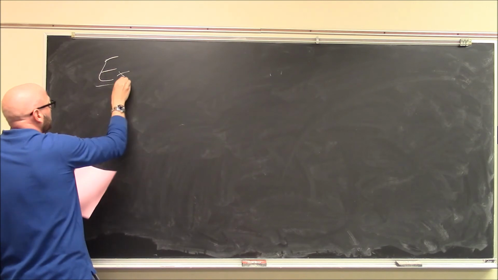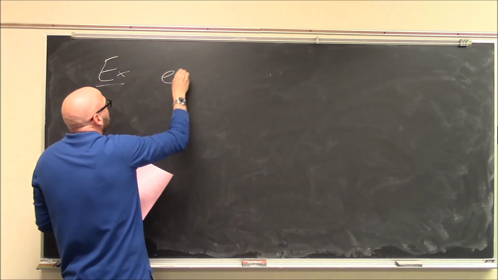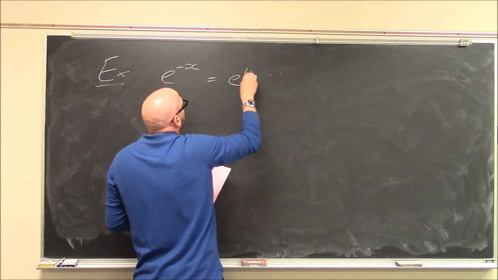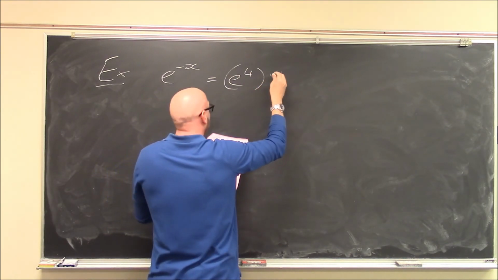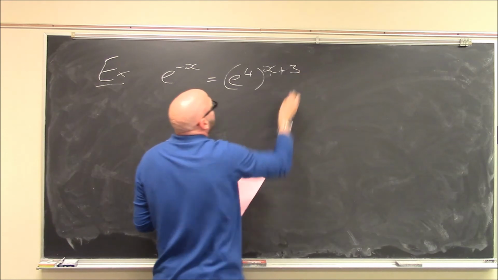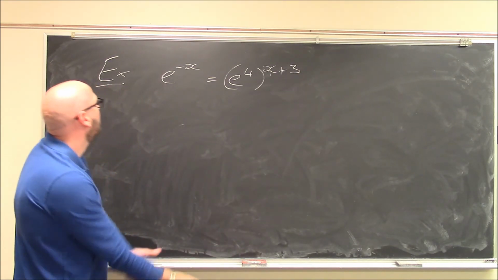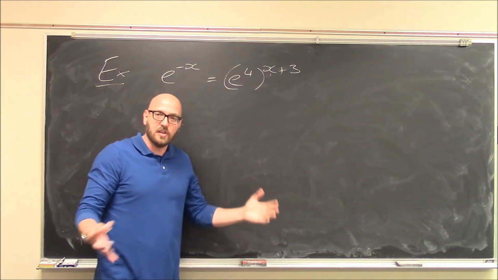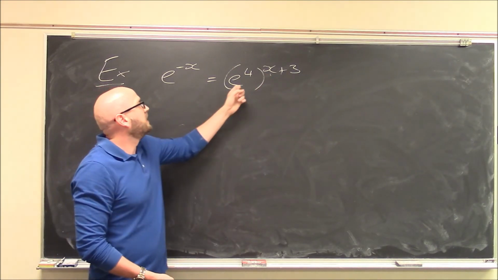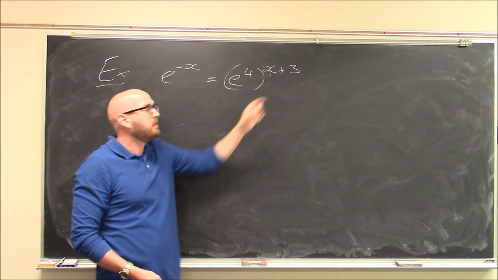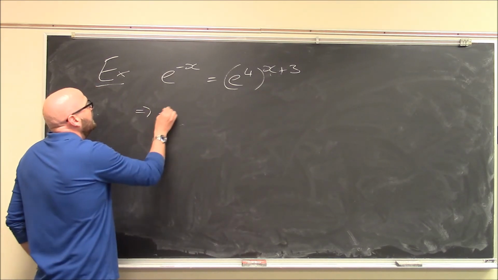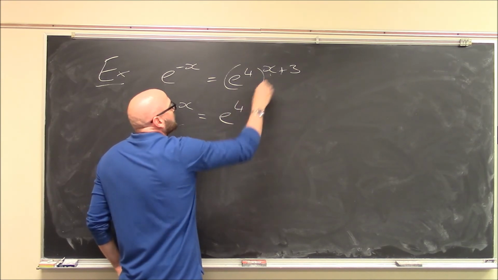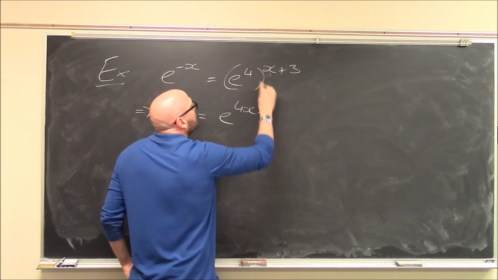So solving another exponential equation, but our base is e now. E to the minus x equals e to the 4th to the x plus 3. Well, here my base is e, here my base is e to the 4th. I want the same base. I can easily get the same base though if I just distribute this 4, right? So this will be e to the minus x equals e to the 4 times x, 4x, plus 4 times 3 is 12.